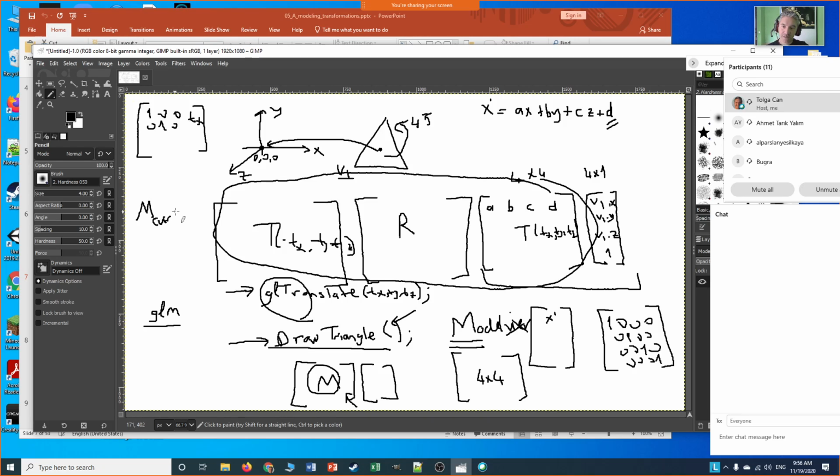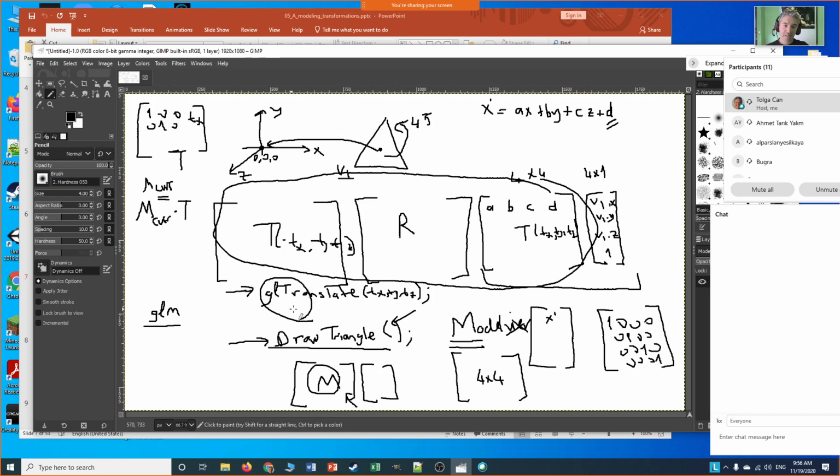This is the current matrix. This is the translation matrix that it formed. It will right multiply itself with the current modeling matrix, and it will update the current modeling matrix. So the current model matrix is going to be assigned to this value.